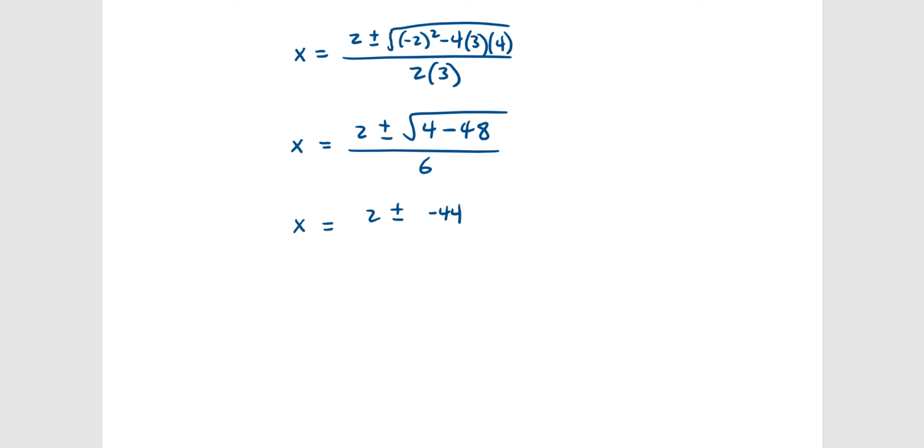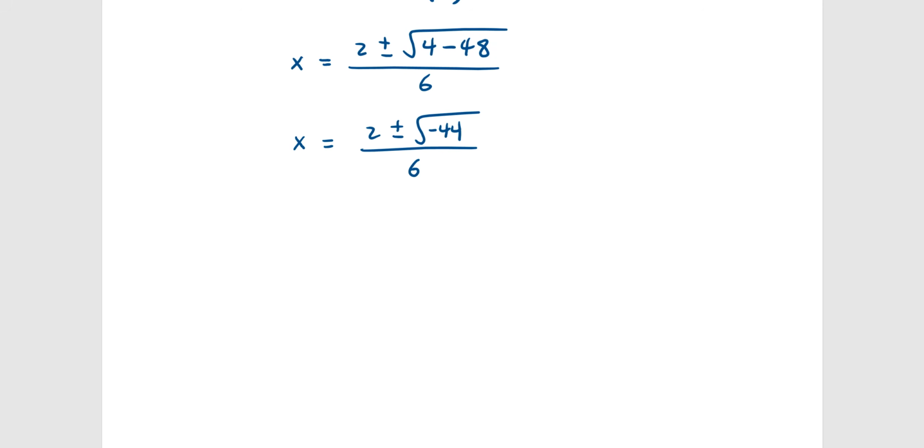So simplifying under that square root, we get 2 plus or minus the square root of negative 44. So as soon as we see that negative under the square root, we should be thinking imaginary numbers. So let's go ahead and do that. So the square root of negative 44, I'm going to do that on the side just to save some room. That's going to be the same thing as i times the square root of 44, essentially factoring out that square root of negative 1 and rewriting it as an i.